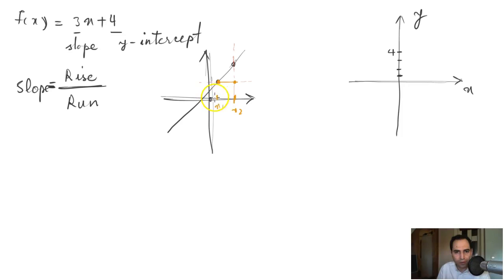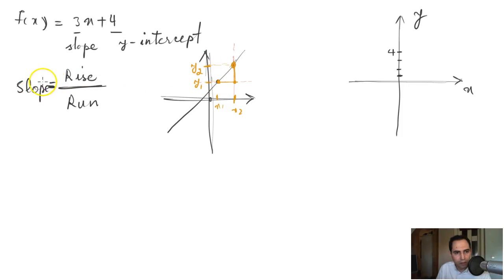So you have to run from x1 to x2, where the x coordinate of this point is x1, the x coordinate of this point is x2. And then again you have to rise this many units from here up to here to get to this point. So let's call this y1, and let's call this y2. So the y coordinate of this lower point is y1, the y coordinate of this upper point is y2.